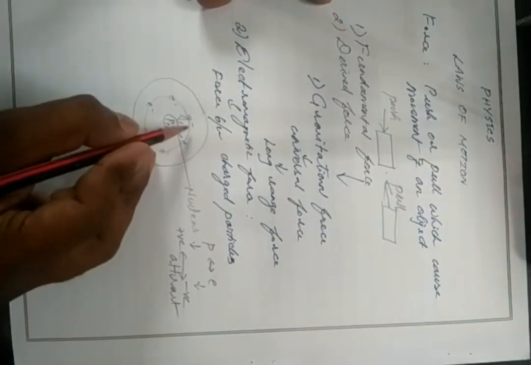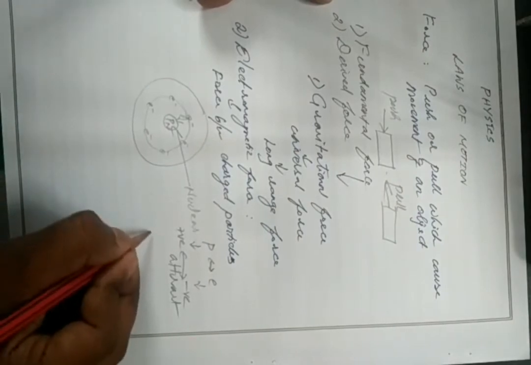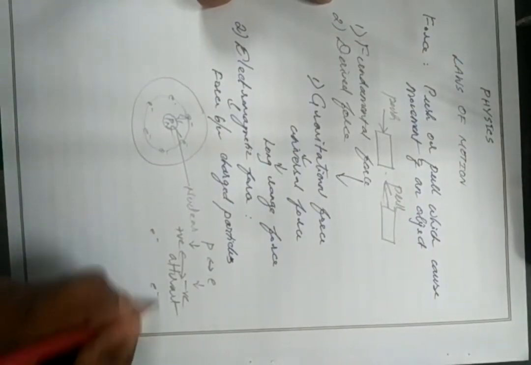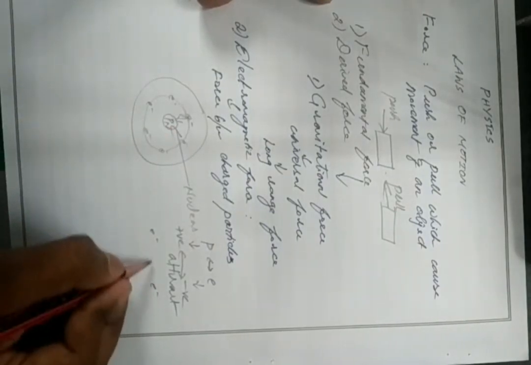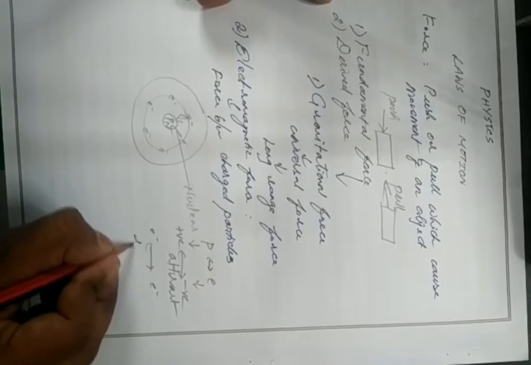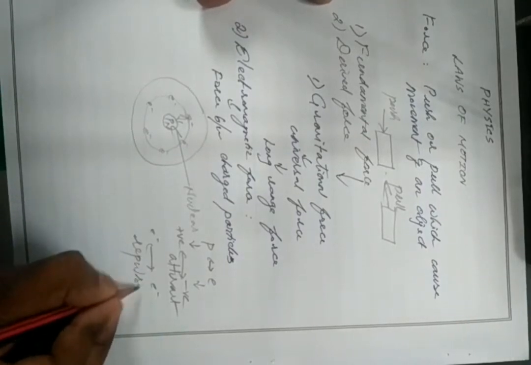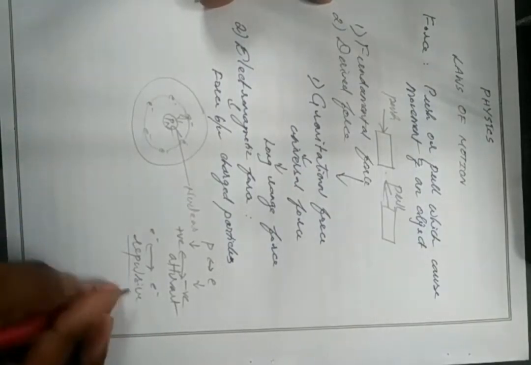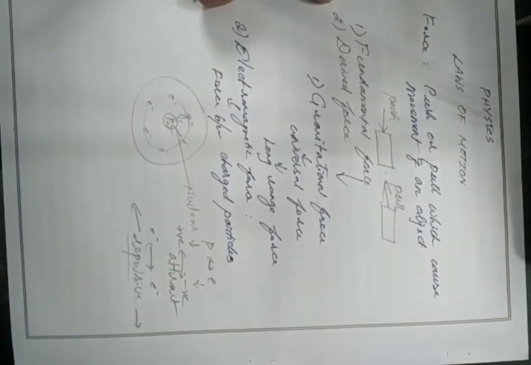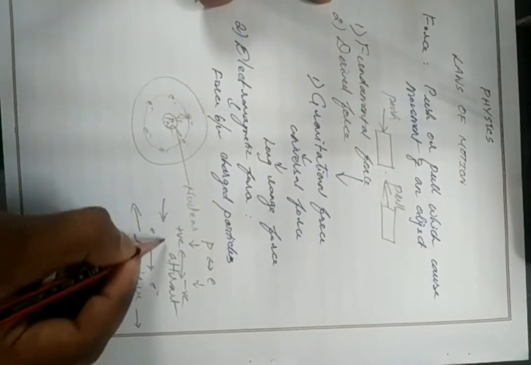For example, here we have electrons in the orbital. One electron is a negative charge, another electron is a negative charge, so the electromagnetic force between these two charges is repulsive. So two same charges repel each other, and two opposite charges attract each other. This force is known as electromagnetic force.